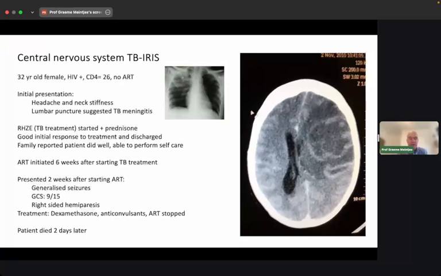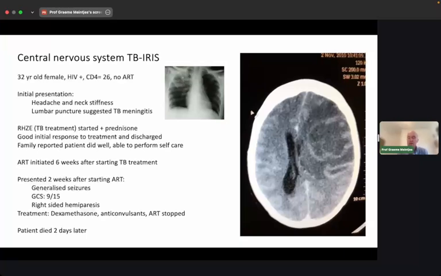And then she went to the clinic 6 weeks later, and she was started on ART, 6 weeks after starting TB treatment. And she presented back to the secondary hospital 2 weeks after starting ART with generalized tonic-clonic seizures. After the seizures had been aborted, she was still at a depressed level of consciousness with a GCS of 9/15 and a marked right-sided hemiparesis.